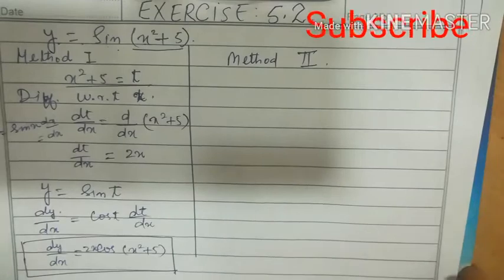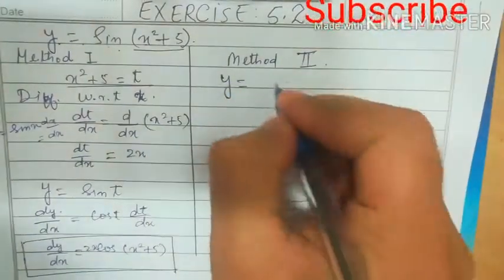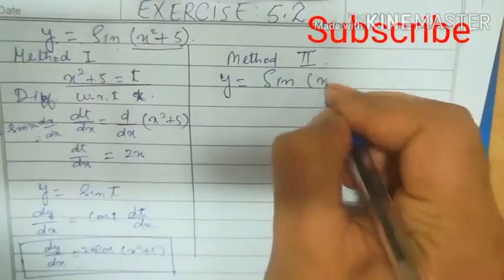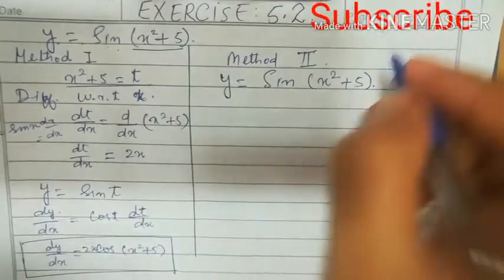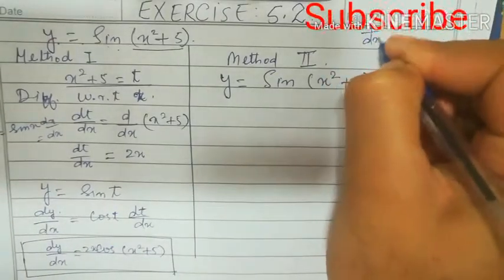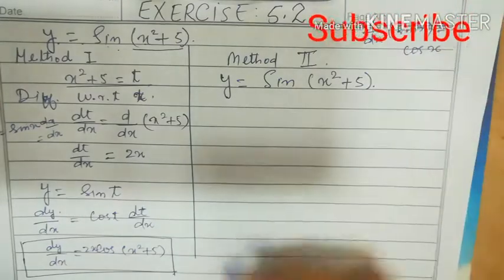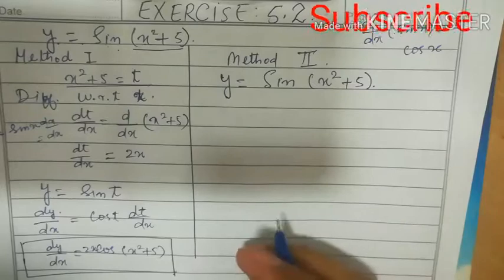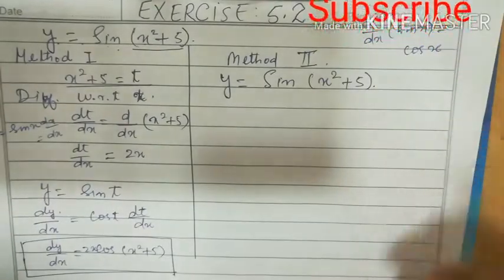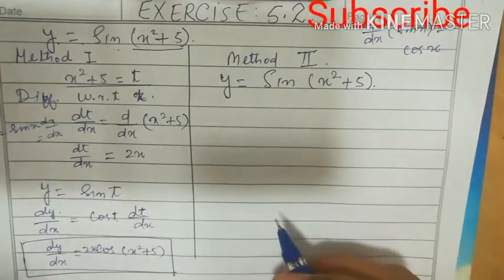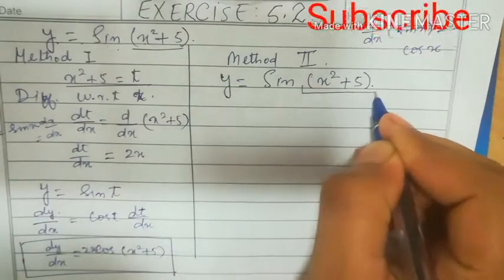Now method second: y is equal to sine of x square plus 5. We know the differentiation of sin x is cos x, and everyone knows this. The differentiation of x is dx divided by dx, but we do not write it because it is equal to 1. Here I will treat this function as x.